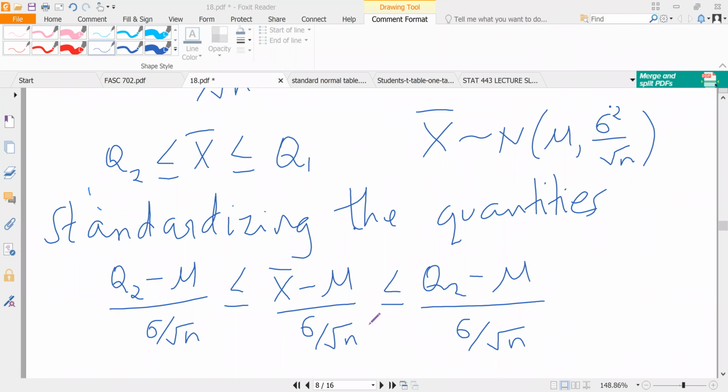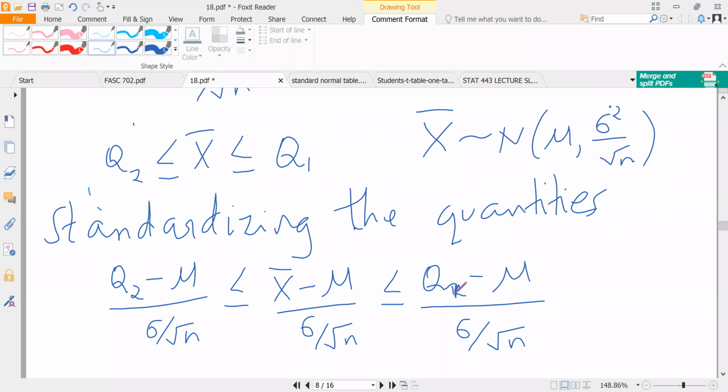Now, the next thing is that we are interested in the interval Q1 and Q2. Apologies, this is supposed to be Q1.